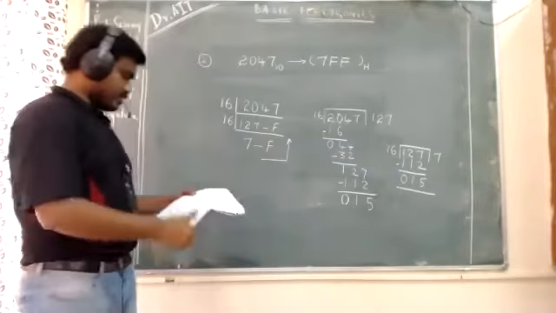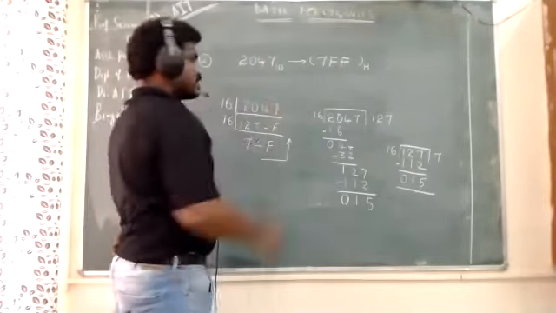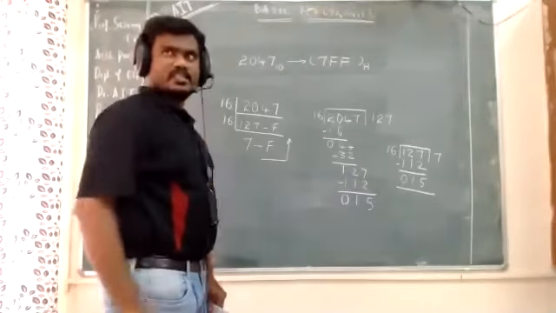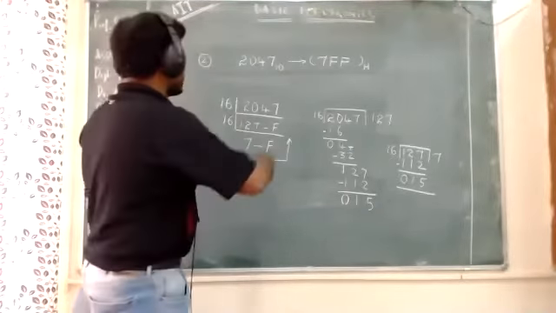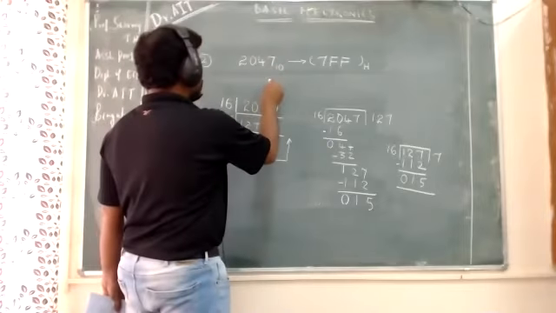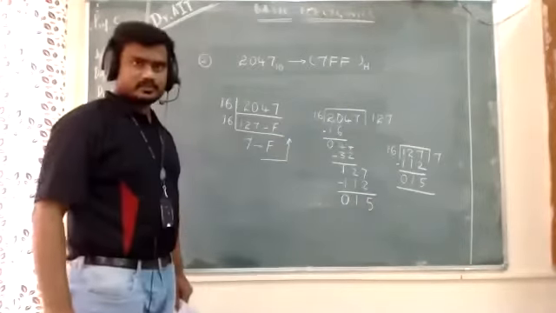Okay, so like this. And the question is, if there is a number after the decimal point, what do you have to do? I hope this is clear.